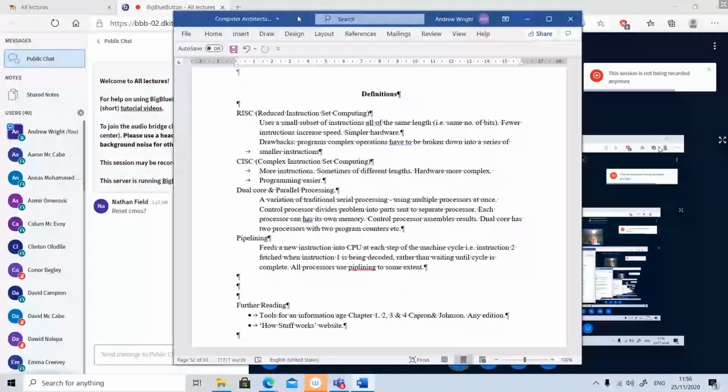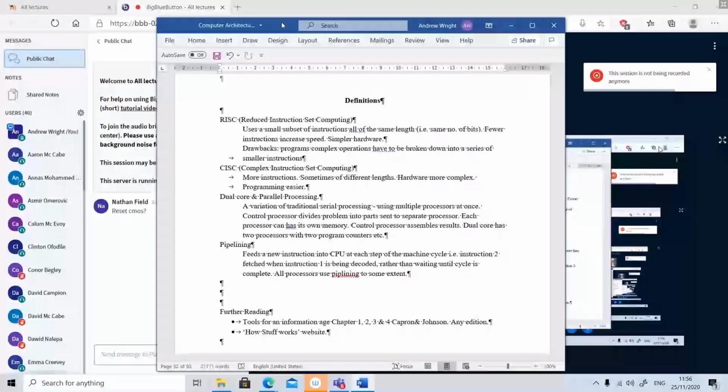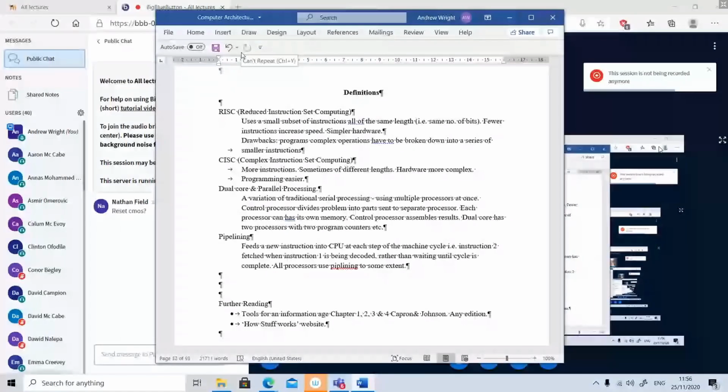Reset Cosmos. You might reset Cosmos. There's a question. There we are. What do you mean? Cosmos is CMOS, sorry. CMOS, as far as I know, the only example I've got here, it's probably used elsewhere, is in the BIOS. You can actually reprogram the BIOS. That's possible. You can update the BIOS or change the BIOS. I think it's fairly easy.